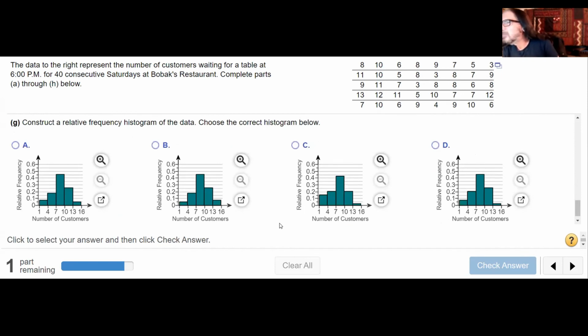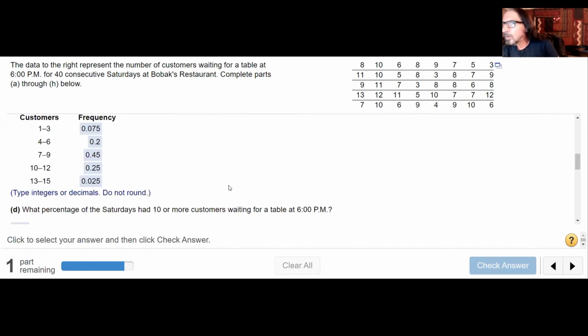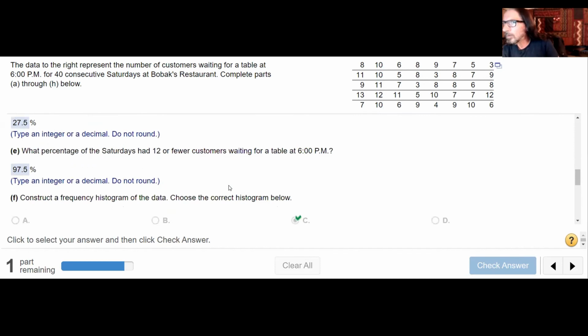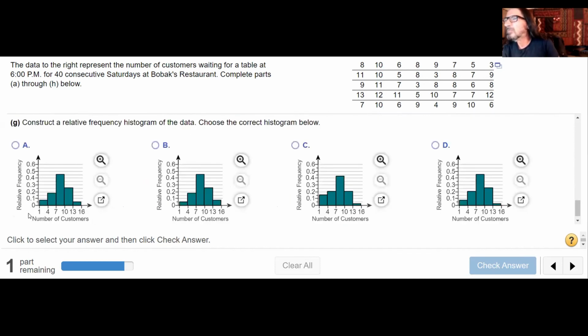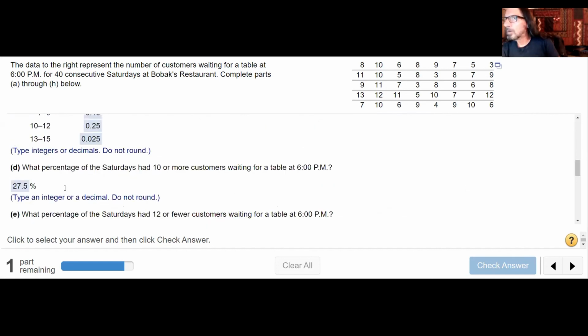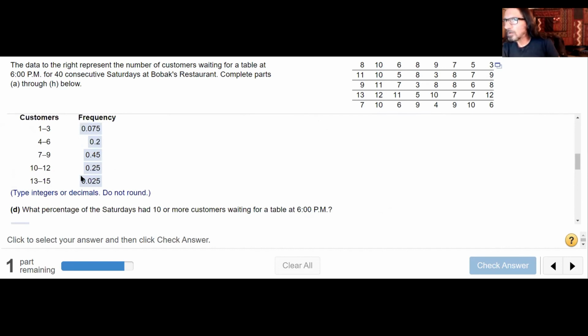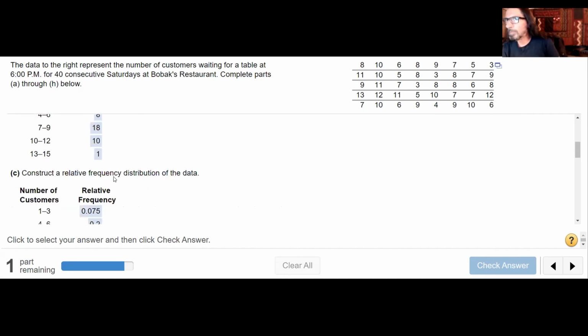So now all 4 choices have the labeling with relative frequencies, things between 0 and 1. I'm double checking with some of the numbers that we're seeing here in our relative frequency table.